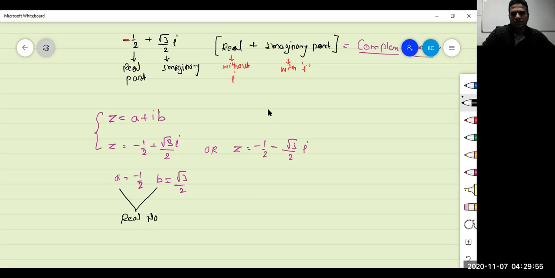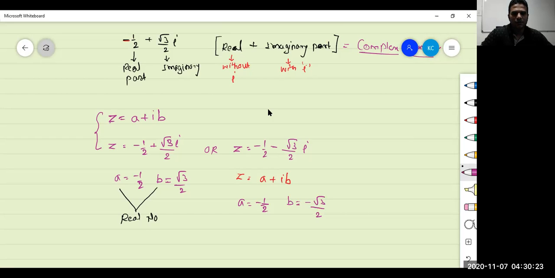In this case also, if you compare this with Z equal to A plus IB, then what is the value of A and B? A equal to minus 1 by 2. Is there any doubt? There should be no doubt now. So B equal to root 3 by 2, don't write the I.